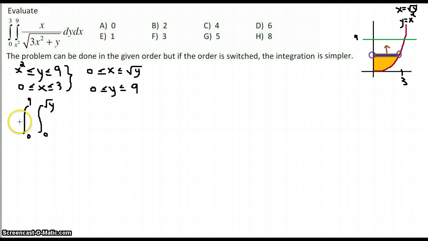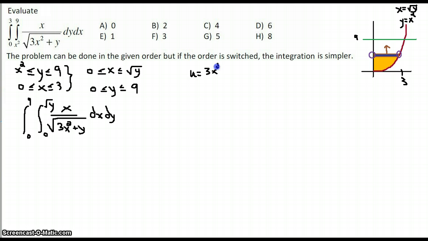Now let's take a look at the integrand. x over the square root of 3x squared plus y. We are doing the integral as x first and then y. So we have to do a u substitution because the degree of the inside is 1 more than the degree on the outside, so it's prime for a u substitution.